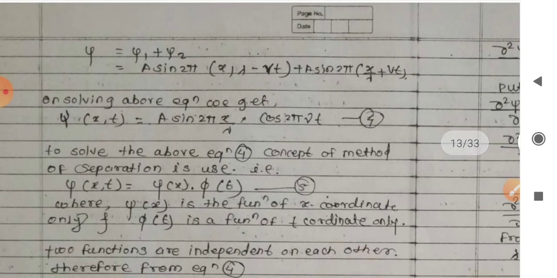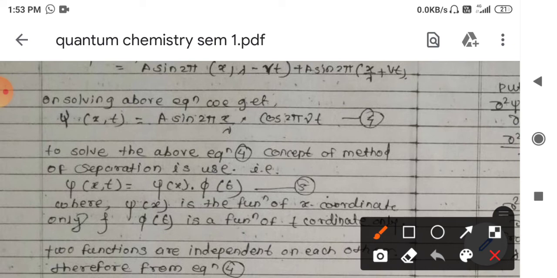So how will you get the overall amplitude of the given wave? We need to add up these two equations, so my overall amplitude will be the addition of the two functions.